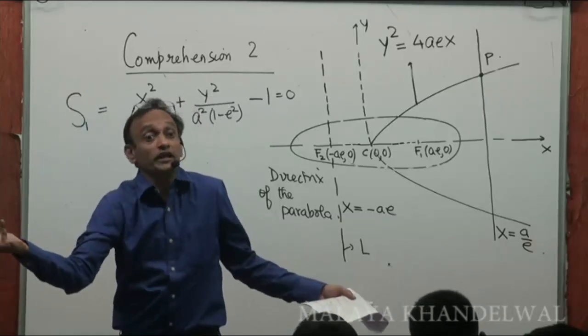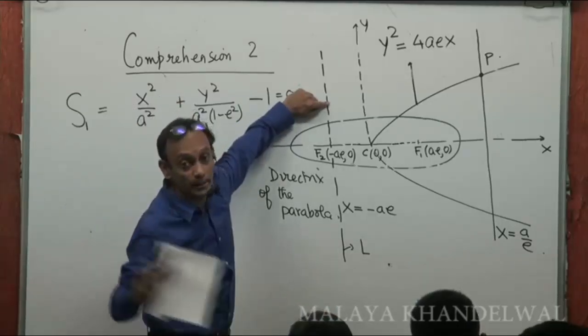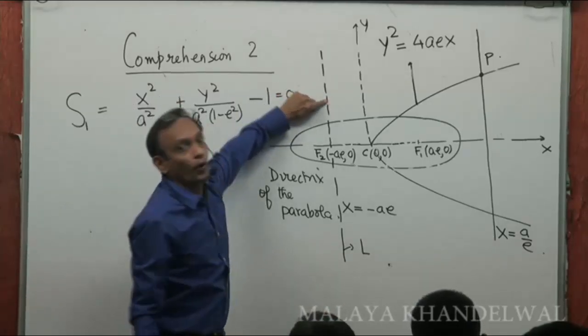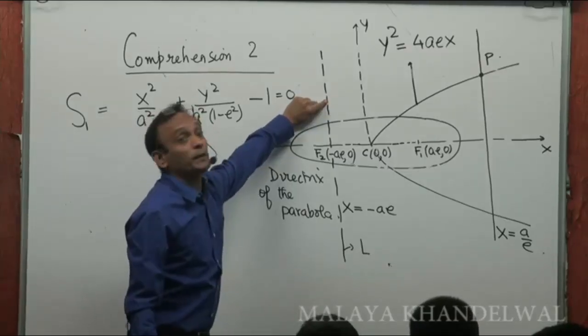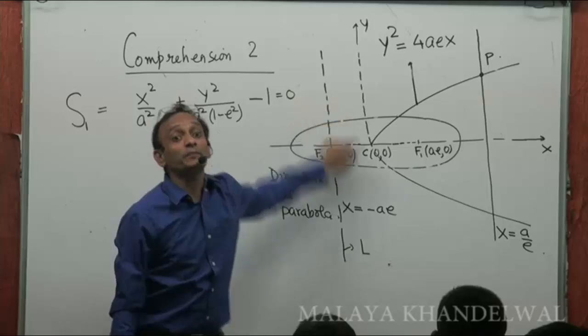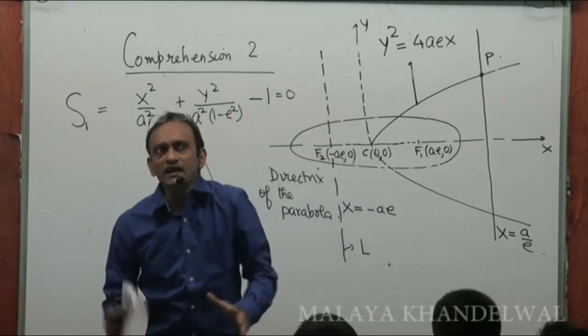Absolutely. Intersection of the director circle and the directrix. Because if you want perpendicular tangents to the parabola, then that point must lie on the directrix. And if you want perpendicular tangents to the ellipse, then that point must lie on the director circle of the ellipse.